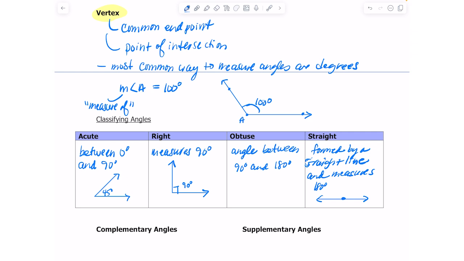That would be like if you were looking at a clock and you had the minute hand pointing to the 12 and the hour hand was at the 6. It's forming a straight line. Or the minute hand was pointing to the 9 and the hour hand was pointing at the 3. That would be a straight angle. So an obtuse angle is between a right angle and a straight angle. So it's going to be bigger than 90 but less than 180. So maybe something like this, and maybe that's like 150 degrees.